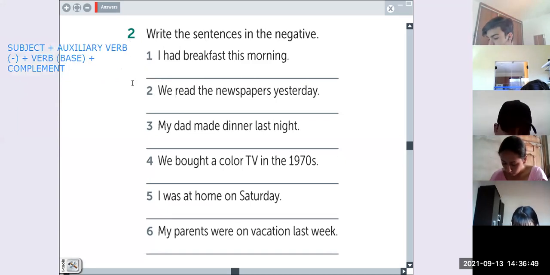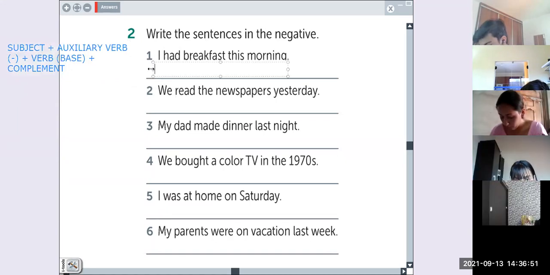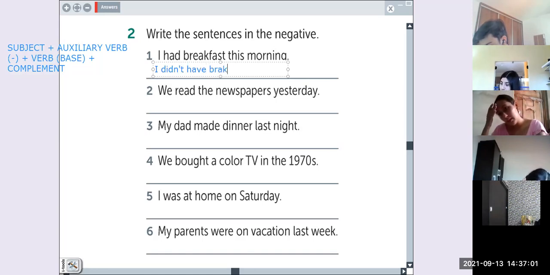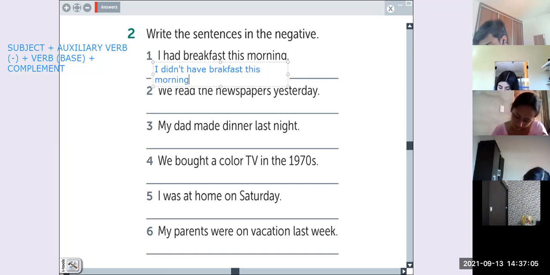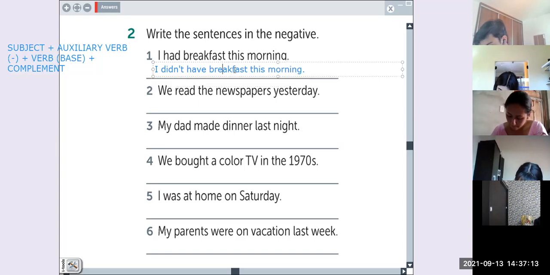Vamos por el I didn't have breakfast this morning. Very good. I didn't have breakfast this morning. Okay.